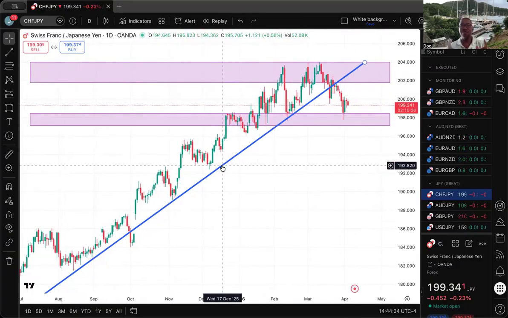Now, very important. When a diagonal area of resistance, that being a trend line, intersects an area of support or an area of resistance, it means that you have a confluence of areas that price usually rejects.